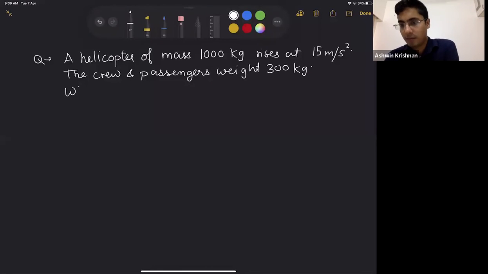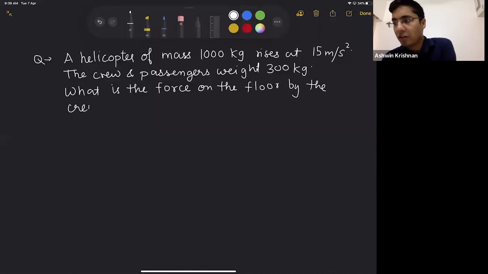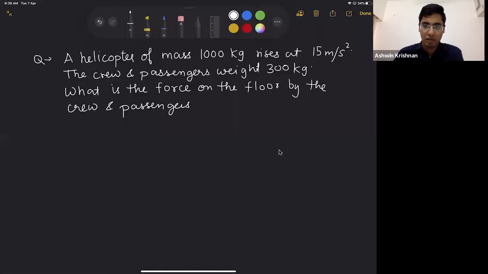What is the force on the floor by the crew and passengers? Okay, this is the question.